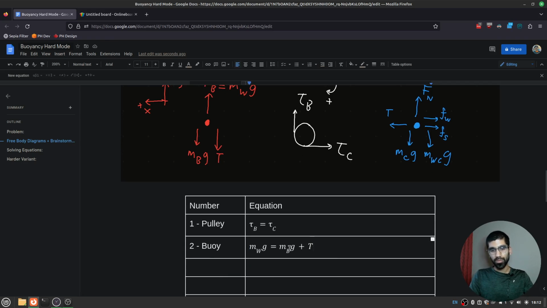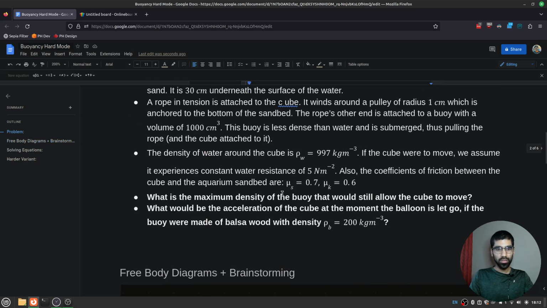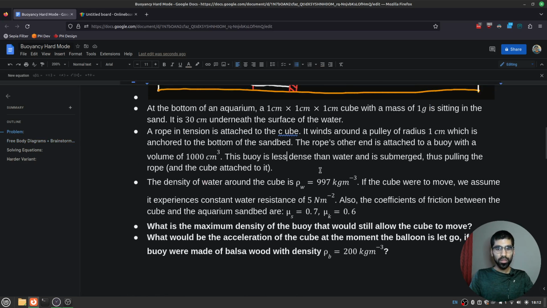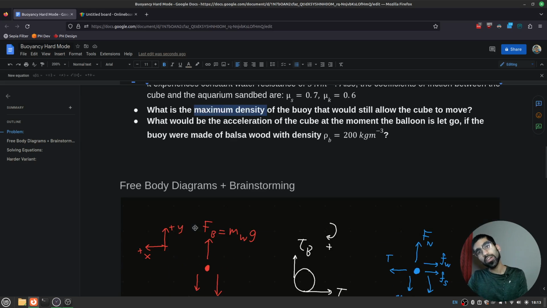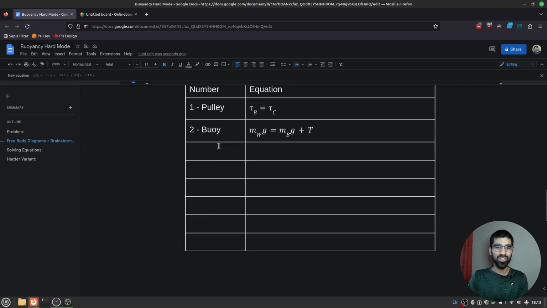Now we have some complications here. Do we know what the weight of the buoy is? Well, if I look at the original question, it tells us the volume of the buoy, but we don't yet know what the density is, so we can't combine those two yet to figure out the mass of the buoy, and also the weight of the buoy.